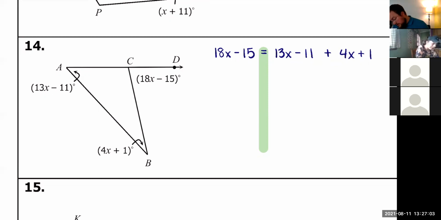So if I was going through this one, I would do the like terms first here on my right-hand side. 13x and 4x give me 17x. Negative 11 and positive 1 should give me a negative 10.